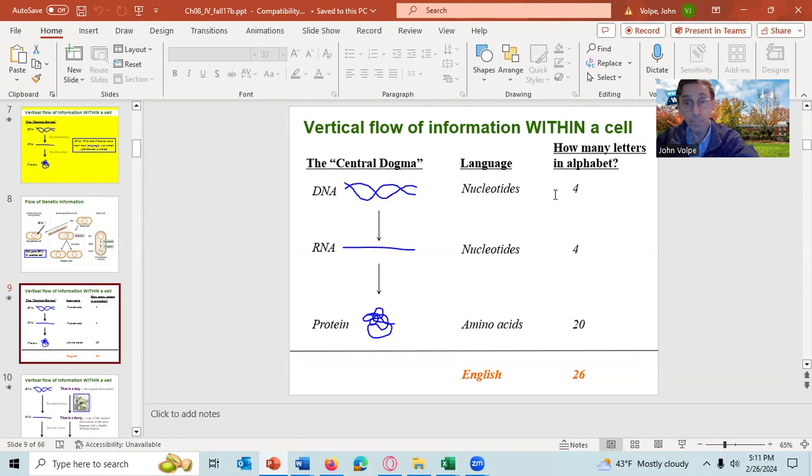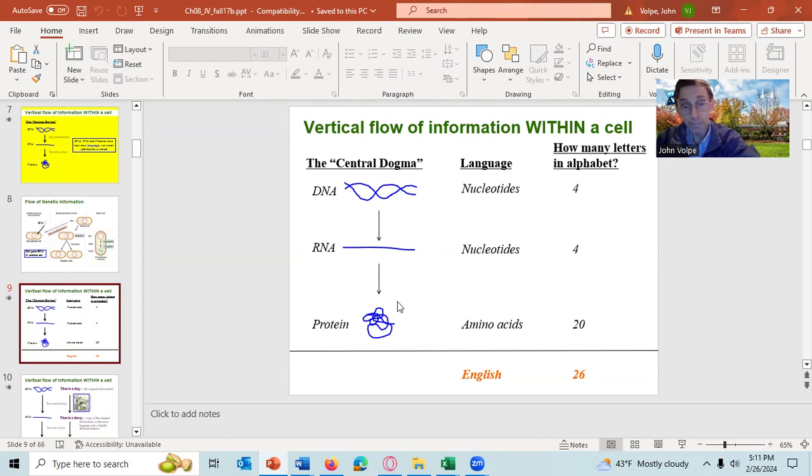And there are 4 letters in this alphabet, meaning there are 4 nucleotides that encode the information in DNA. In RNA, the information is encoded also in nucleotides, but these nucleotides are a little different. They're RNA nucleotides. These are DNA nucleotides. Once again, there are 4 letters in the alphabet, meaning the information is encoded in only 4 RNA nucleotides.